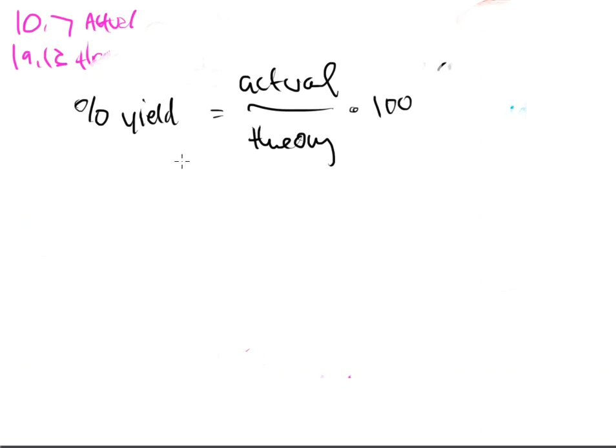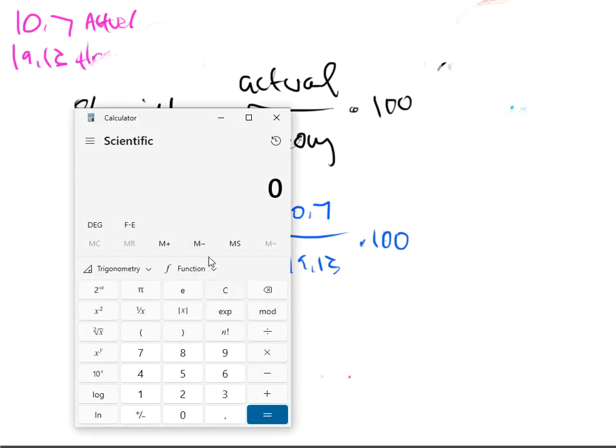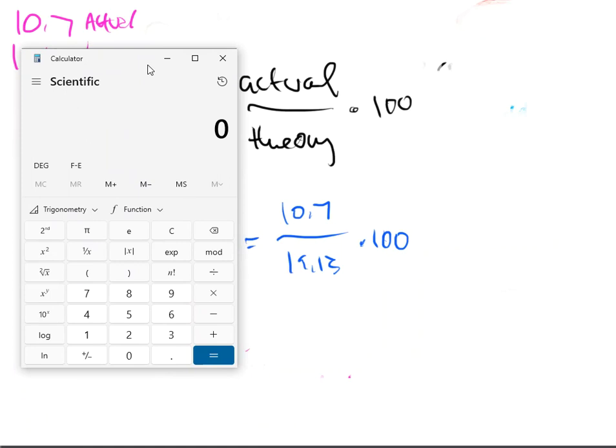So to calculate this percent yield, I'm going to now take the actual, and in our case in this example, 10.7, divided by the theory, which is 19.13, and I multiply by 100. And this is percent yield. All right, so that seems simple enough, right? It's just two numbers that are divided.